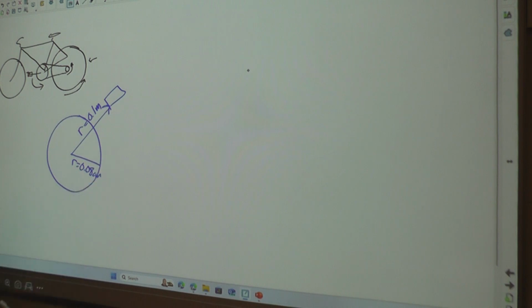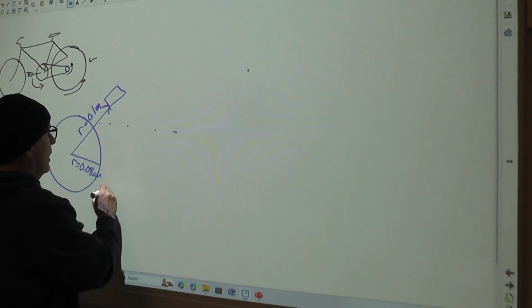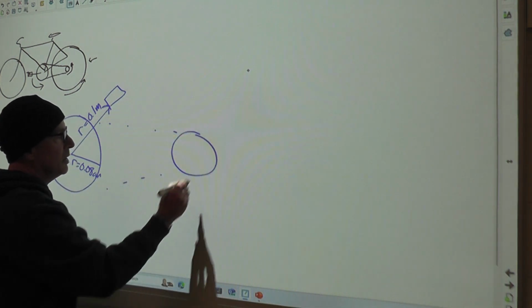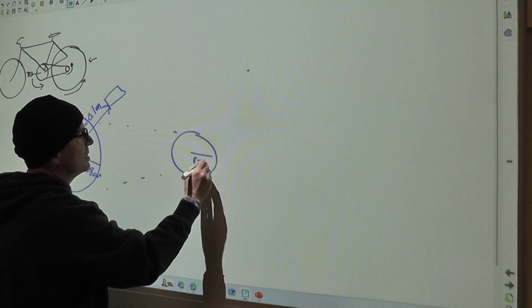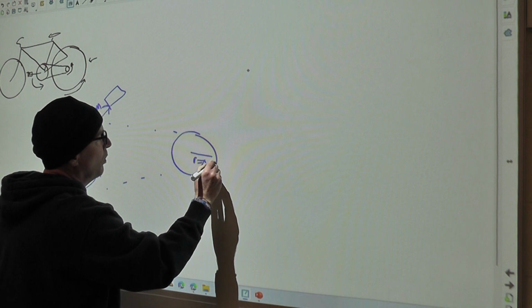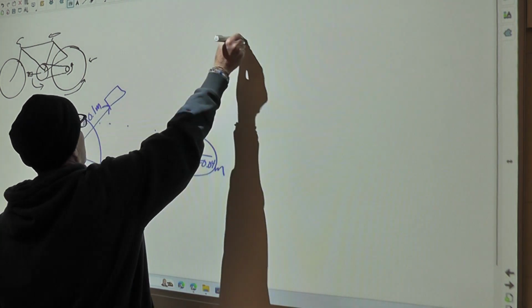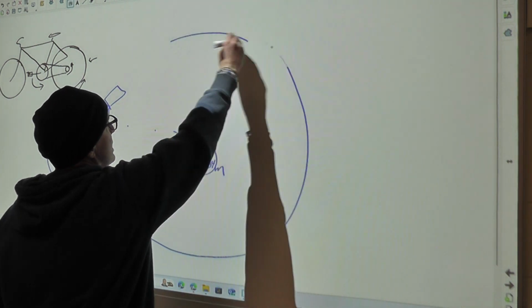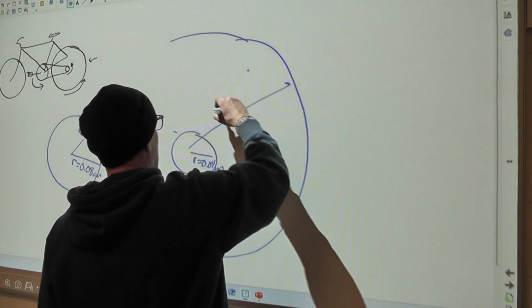I'm making all these numbers up. And the rear gear has a radius of about 0.04 meters, and the bike tire itself has a radius of about 0.31 meters.